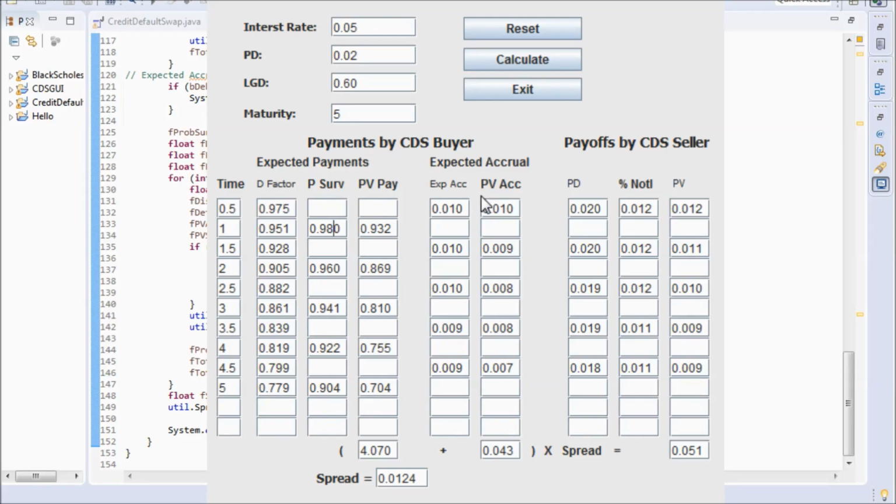Again, I sum up all the PV of accrual to get this amount. If we sum up this PV of the payments and the PV of accrual, this will give me the PV of the amount paid by the CDS buyer.